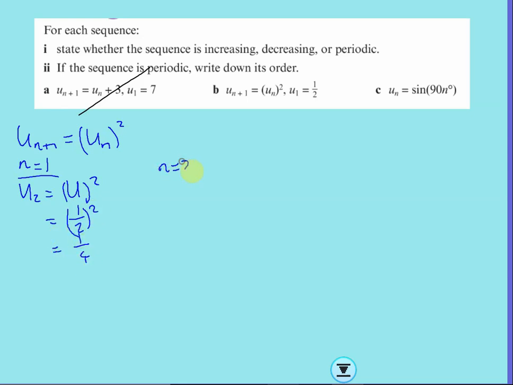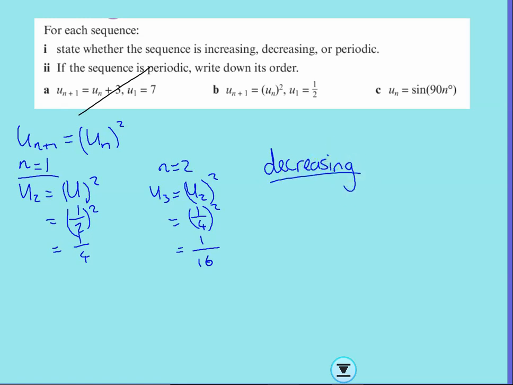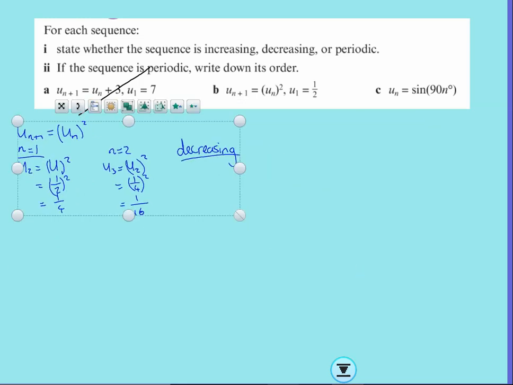When n is 2, we get the third term, the second term squared. That is a quarter squared, that is a 16th. So we can see it's going from a half to a quarter to a 16th. It's always getting smaller every time, so this is a decreasing sequence.